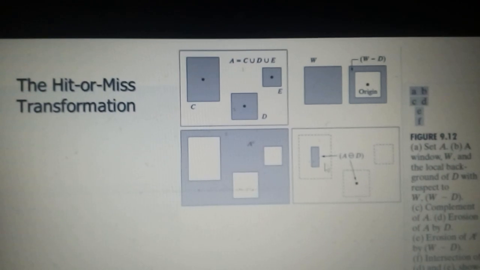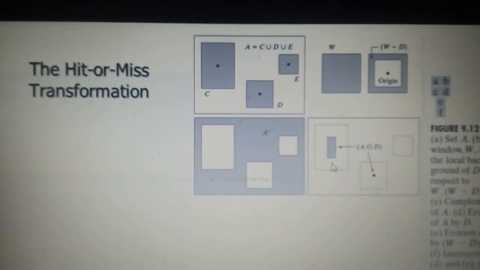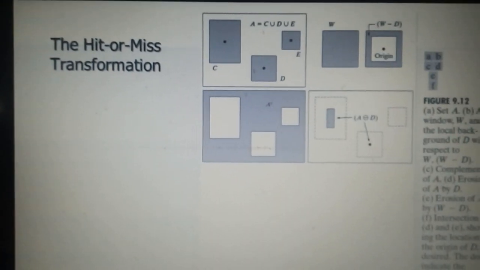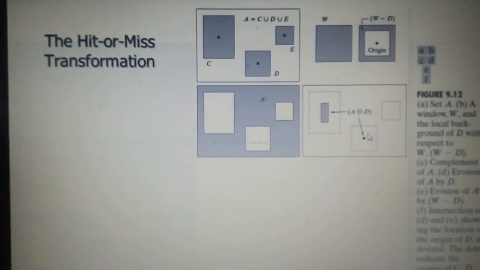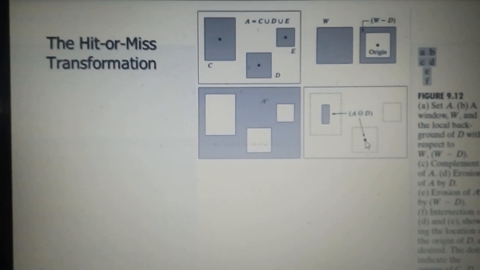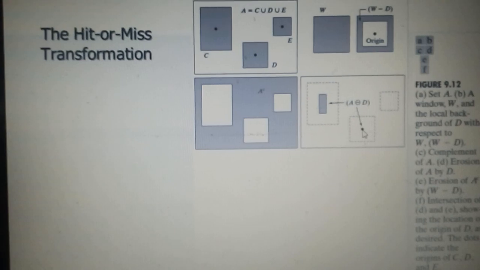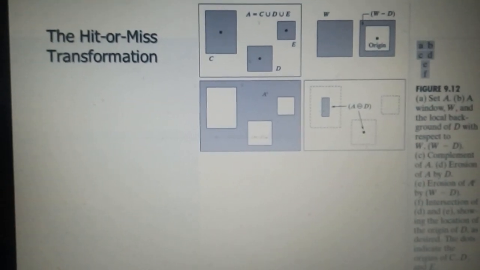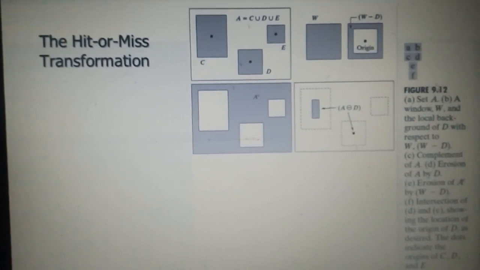One is a point and the other one is the shaded region here, where the point is the origin for that D. So the D is fully contained at the origin. That's what it means, which is the origin of D.